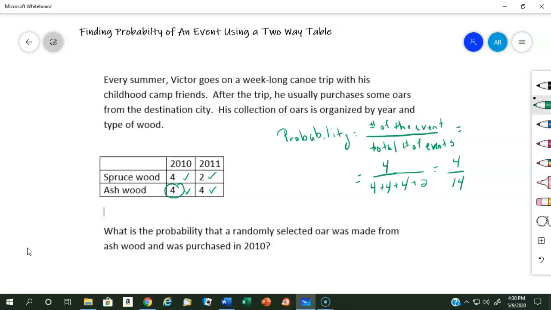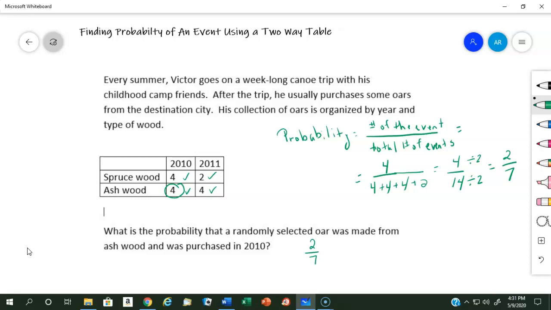I'm noticing that both 4 and 14 are even, so I am going to divide them both by 2, because even numbers are divisible by 2. So 4 divided by 2 is 2, over 14 divided by 2, which is 7. So my probability is 2 in 7.